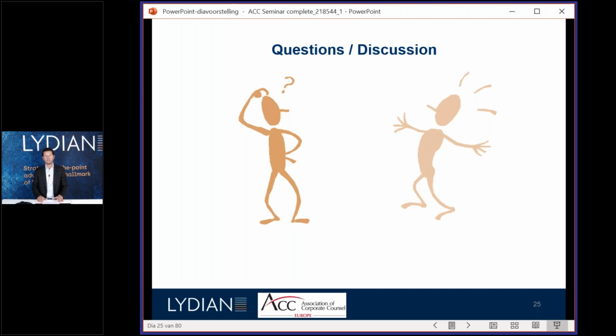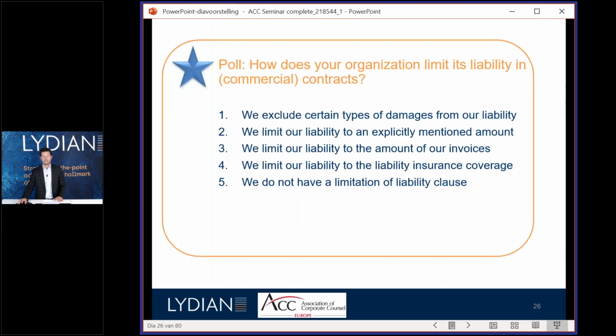That will already cover a substantial part of most of the important damages, and then take a quite reasonable amount. If the amount of the invoice relates to a specific product or service which is quite low, take then maybe a higher amount, limited for a certain period. It's just an assessment that every business has to make. We will then pass on to the poll question.